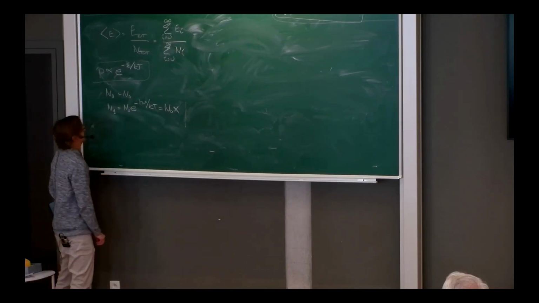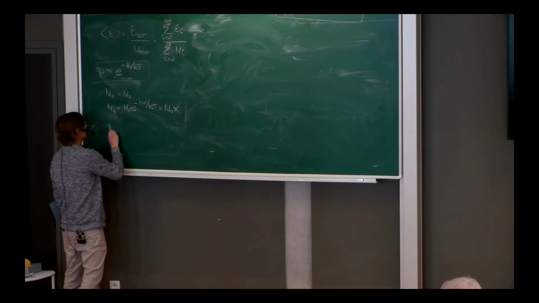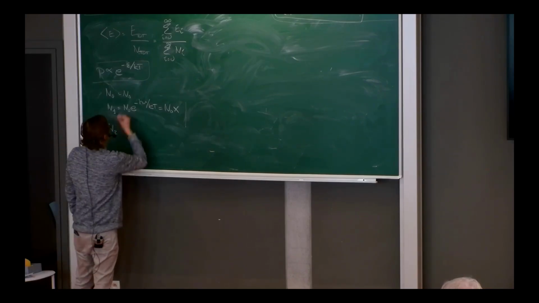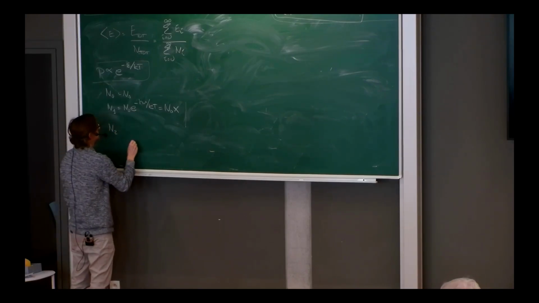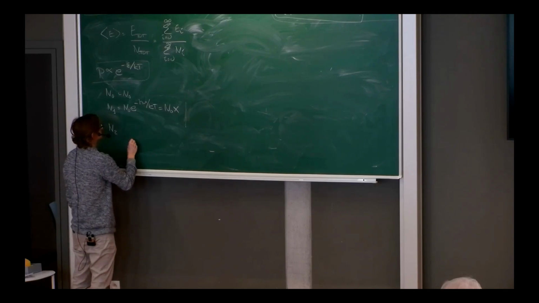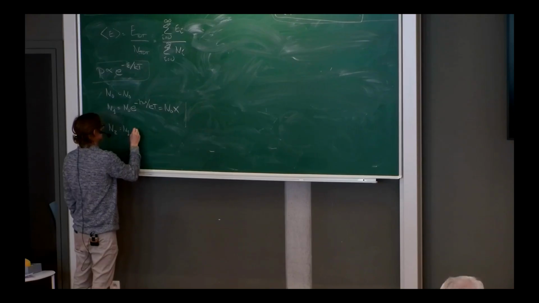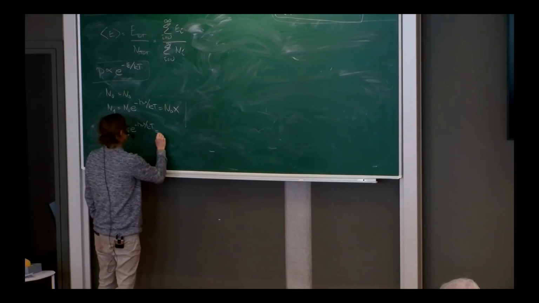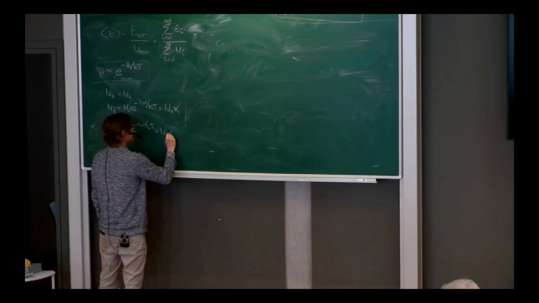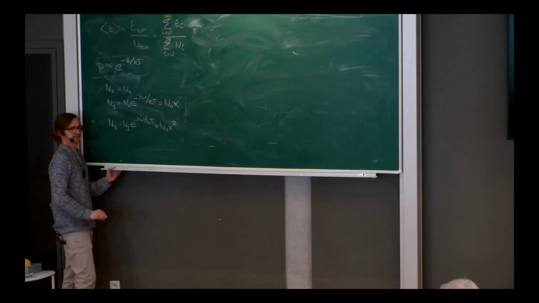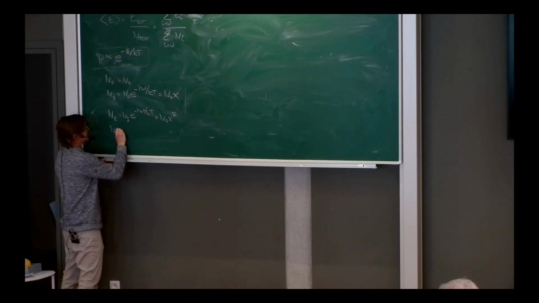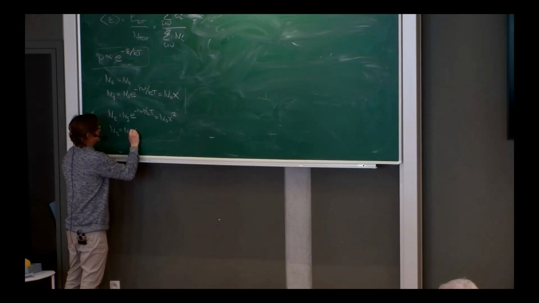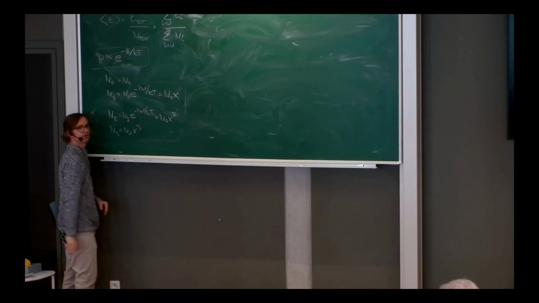Well, then n2 is just going to be n1, right, times e to the minus h nu over kT. So that's just going to be n0 x squared. n3 then is n0 x cubed, and so forth.